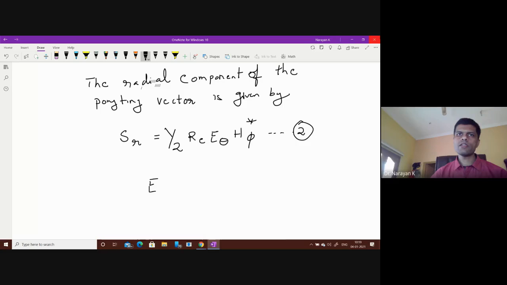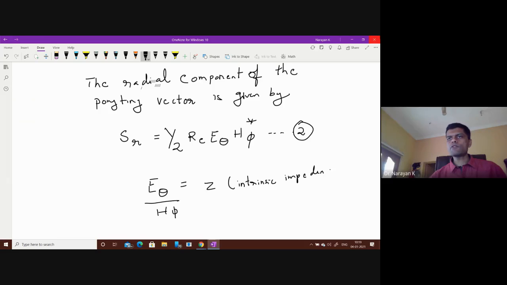Next, E theta. All these are from field theory, therefore I am not going into depth of it. E theta by H phi is nothing but your Z, which is your intrinsic impedance. Do you remember this? All this is from field theory. Vikram sir has done this.